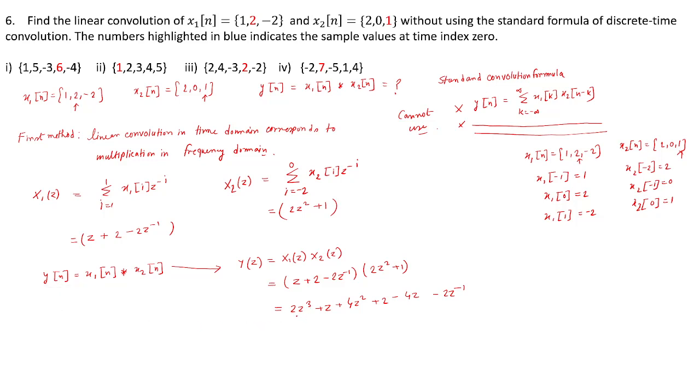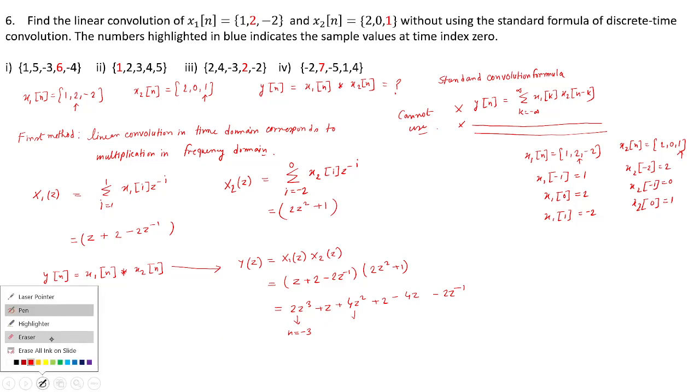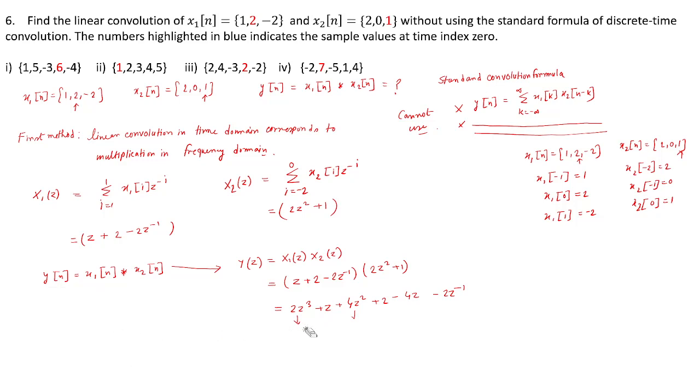If we look at this, the coefficient corresponds to n equal to -3. Let me first arrange them before writing in this manner: 2z cube plus 4z square minus 3z plus 2 minus 2z inverse.